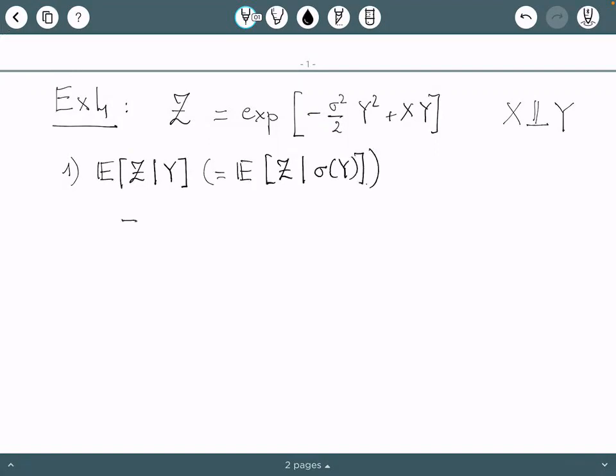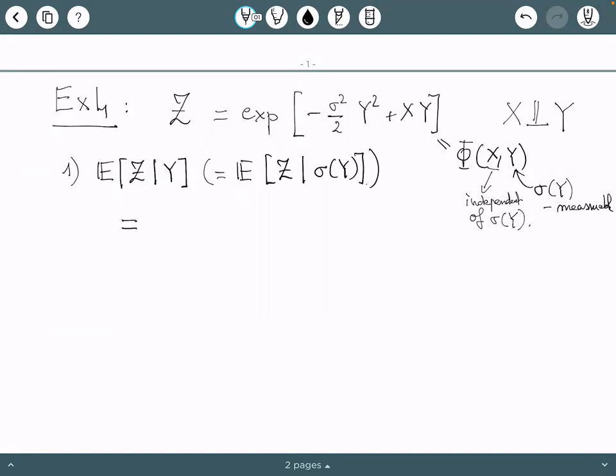So how do you do that? In fact, it is very simple. It is like if Y was fixed, because I use the previous formula that we proved in the previous exercise. You see Z is a function of X and Y. This one here is sigma Y measurable, of course, and this one is independent of sigma Y. So we are exactly in the context of the previous exercise.